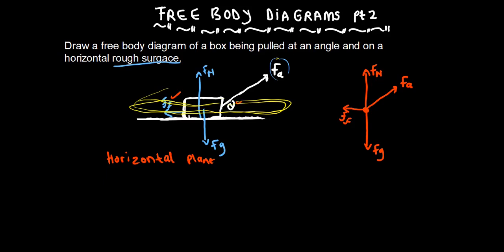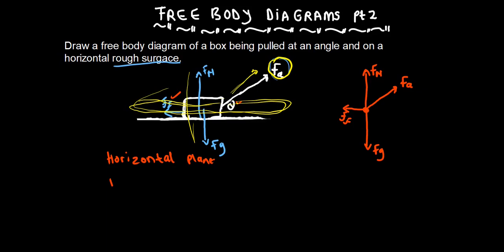But as you can see, this applied force is not along the horizontal plane, because it is applied at an angle. It's going up. It's also not along our vertical plane. Instead, it's at an angle, which is theta.